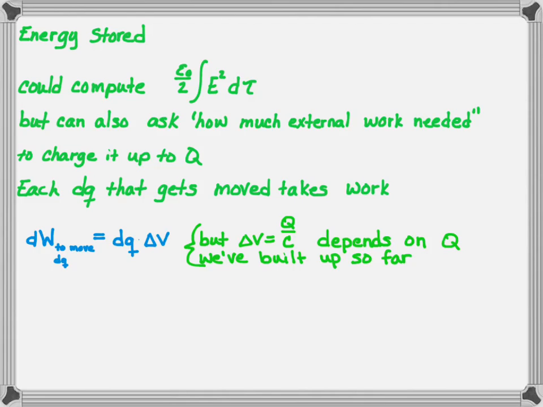But we've defined the potential. We could define the potential as Q over C, where C again is the capacitance. And it's going to depend on Q, which we've built up so far. So Q is going to be the charge that's already there on this capacitor.